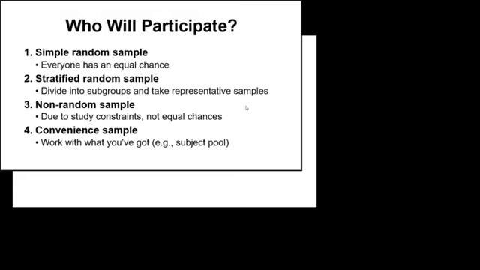That leads us into convenience sampling, which is a type of non-random sample where you're working with whatever you have available to you. A lot of research is convenience sampled using first-year undergraduate students at universities, because it's a convenient population. So we need to keep that in mind.